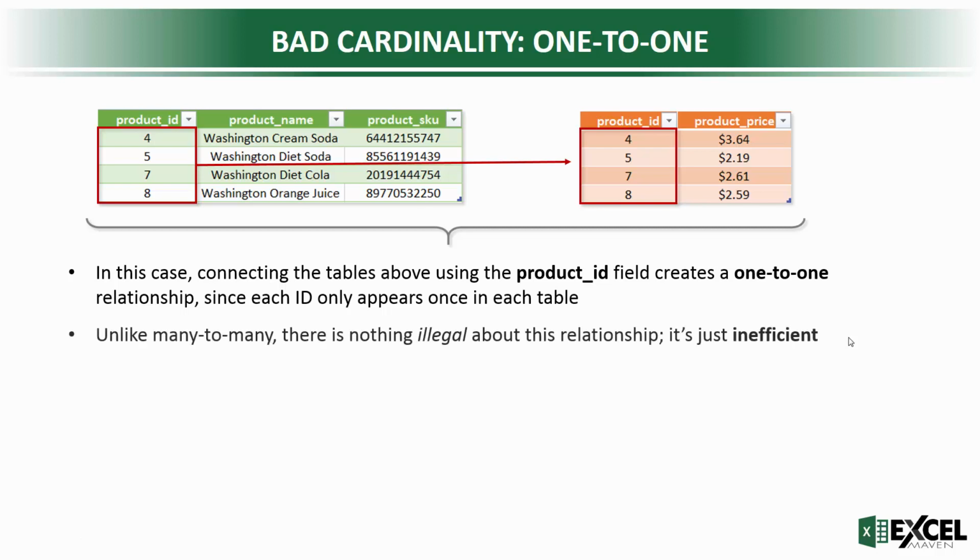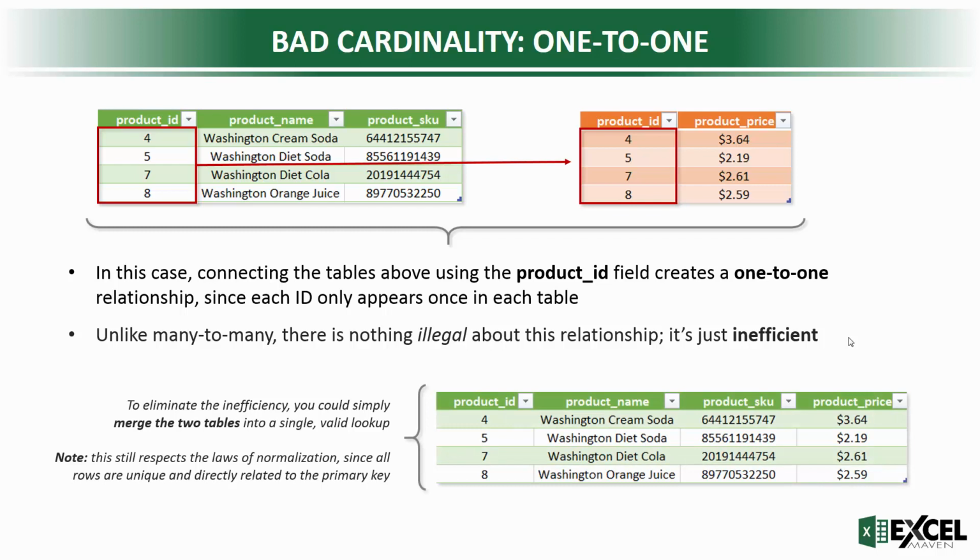And again, unlike many-to-many, there's nothing really illegal about this relationship. There's nothing totally wrong with it. It's just a little bit inefficient. So a solution here could be to simply merge those two tables into a single valid lookup. Now, I know what you're thinking. We just talked about how merging tables is bad. You should never try to jam things together like this.